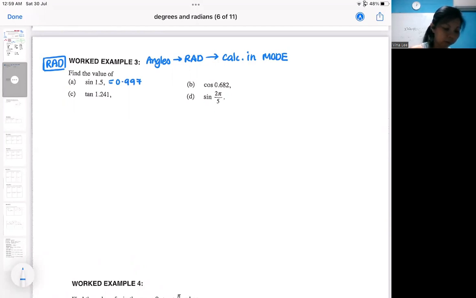Cosine 0.682 radian, you'll be getting all this. So make sure you give it a try. Your calculator must be in radian mode, so this will be the correct answer.